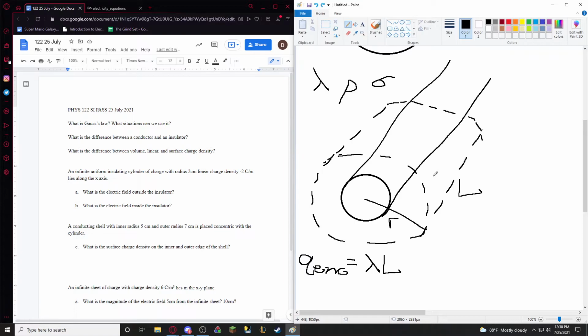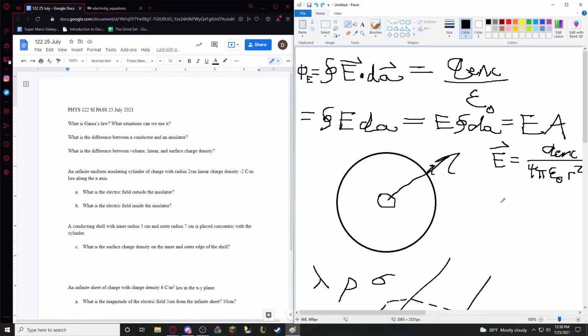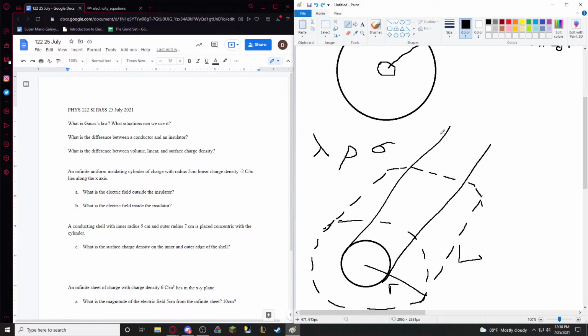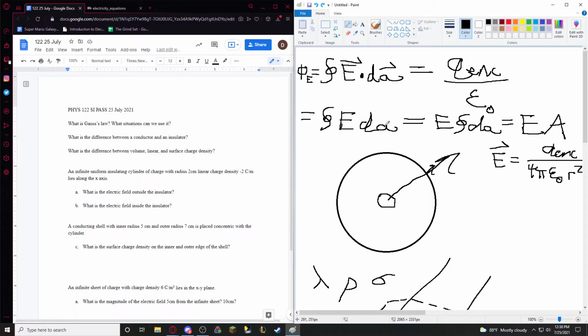I'm not including the end caps because the electric field is not going through them. Exactly. What's the angle between the electric field and the area vector for the end cap? They're perpendicular, 90 degrees. They disappear. So our integral, we split it up into three parts: one for each end cap, and then the barrel. For the barrel, it's 0 degrees.